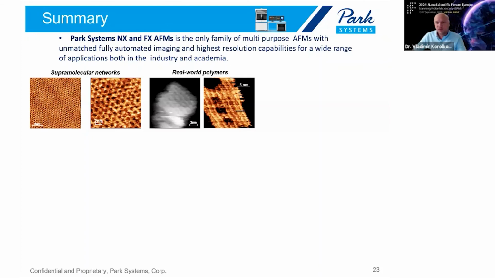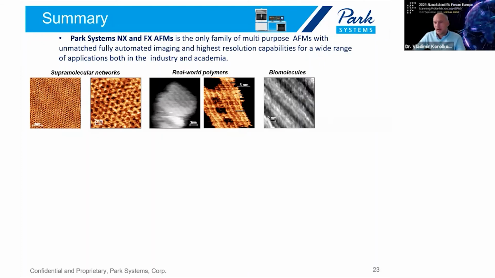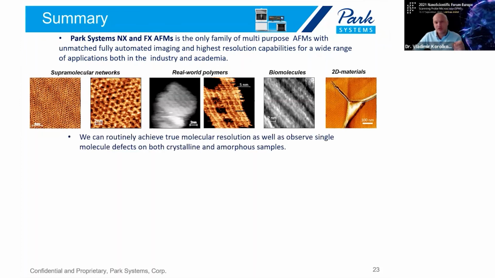The same goes for real-world polymers like polypropylene. I showed you a single molecule that goes into a lamella, or a semiconductor polymer like this polythiophene lamella that we can image beautifully, on 2D crystals, on biomolecules like these peptide nanotubes, and on 2D materials. So we can routinely observe molecules and molecular defects on both crystalline and amorphous samples as well.